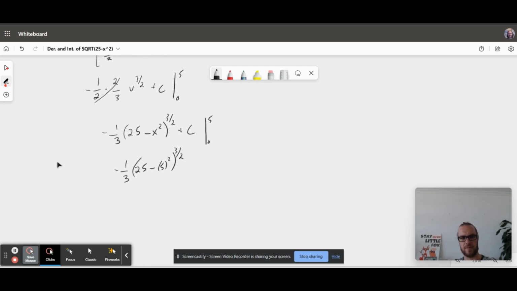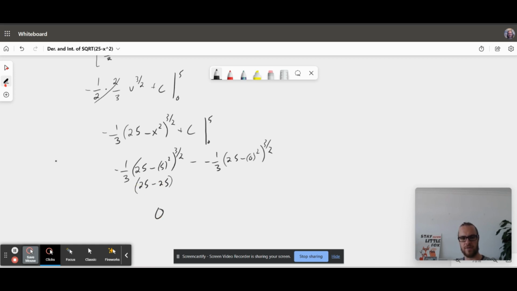Then from there, subtract negative 1/3 of 25 minus 0 squared, all to the power of 3/2. Well, this one here, hopefully you can see that we're going to end up with 25 minus 25. So realistically, this whole thing just goes to 0.